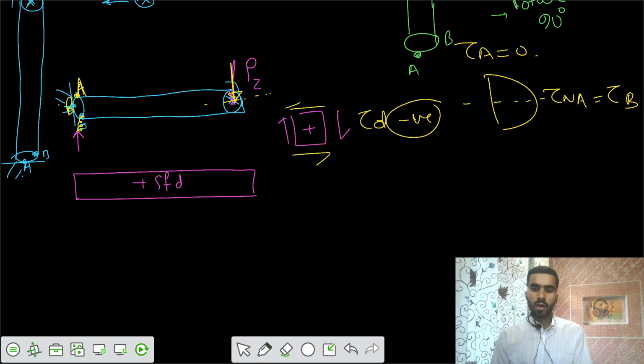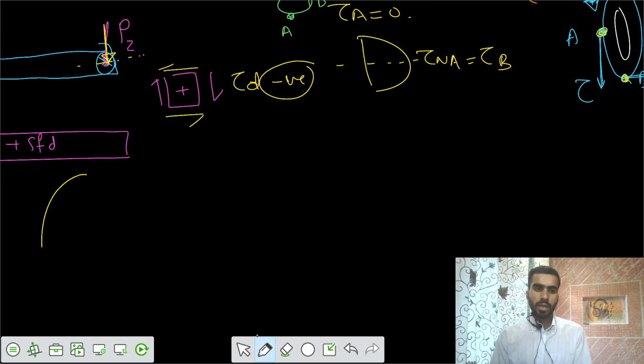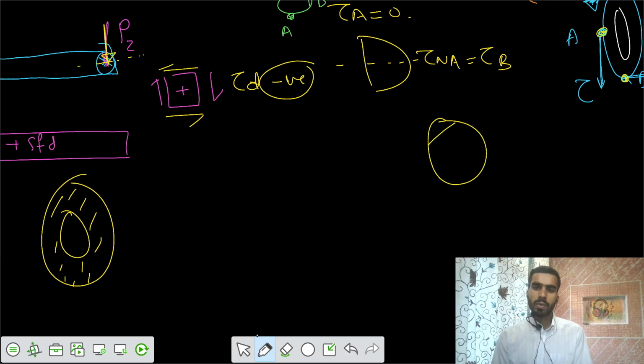So what is the value of tau for the hollow sections? If it is a solid section, we know the general equation: tau at the neutral axis equals 4 by 3 V by A times 1 minus y square by r square.